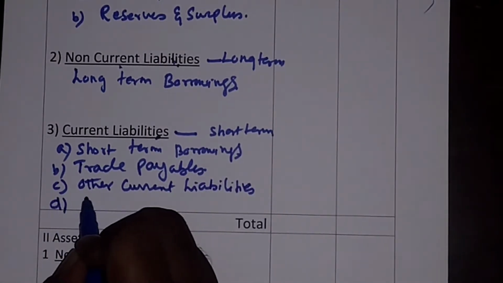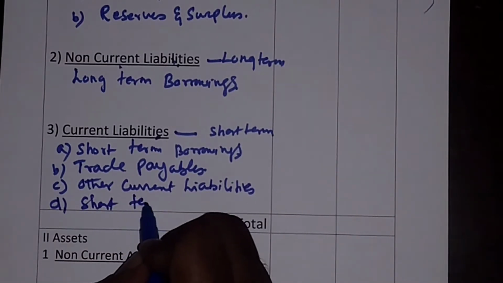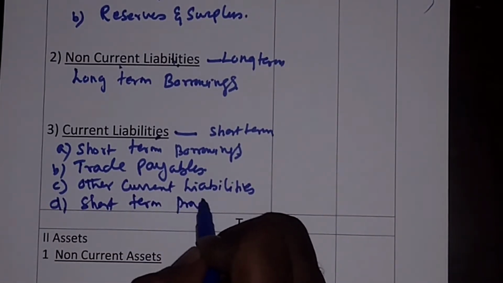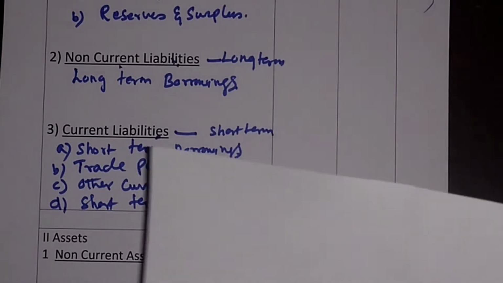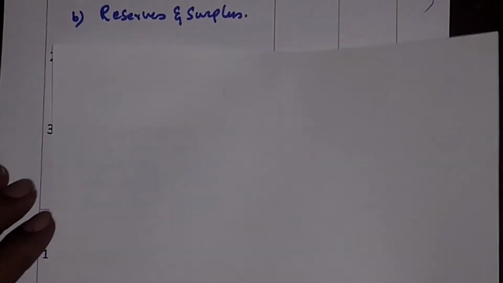And point D is the short term provisions. Now I have covered the liabilities. Now let me provide the expansion of these liabilities.